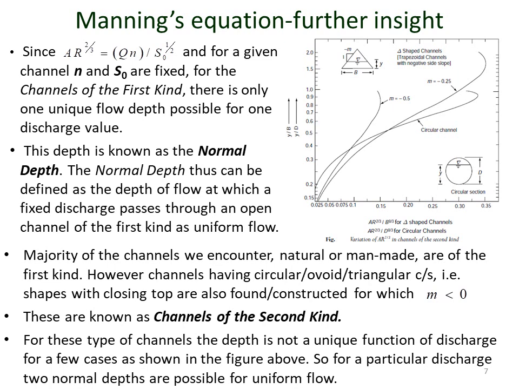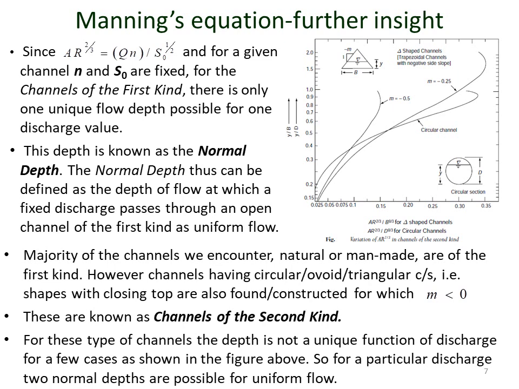So in other words, for one value of the section factor, and as the section factor is a representation of the flow discharge, for one value of discharge in the channels of second kind, maybe two flow depths are possible as normal depths.